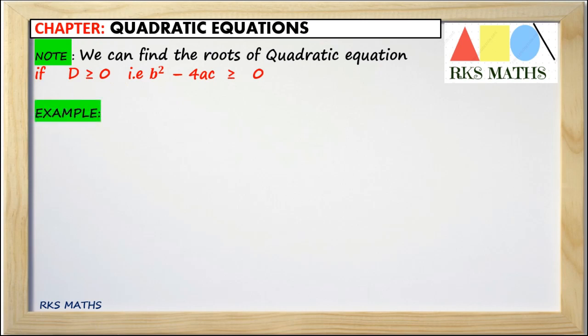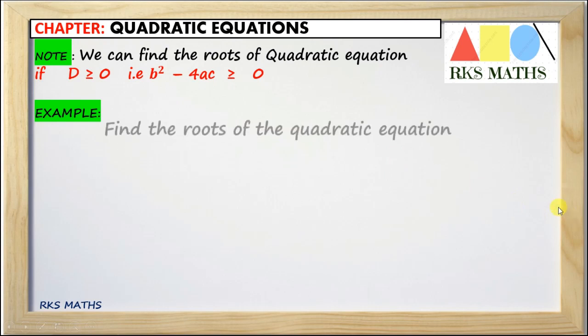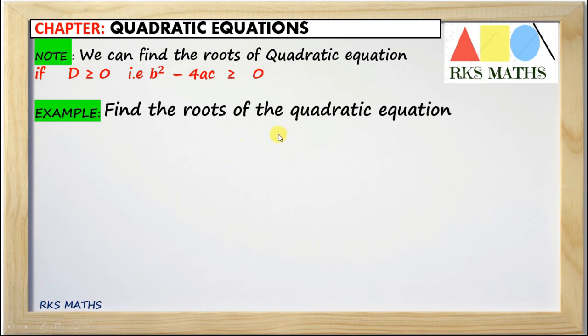Students, let us see how to apply the quadratic formula in finding the roots of a quadratic equation. Here, find the roots of the quadratic equation 3x square minus 5x plus 2 equal to 0. We will be finding the roots of this quadratic equation by using the quadratic formula.